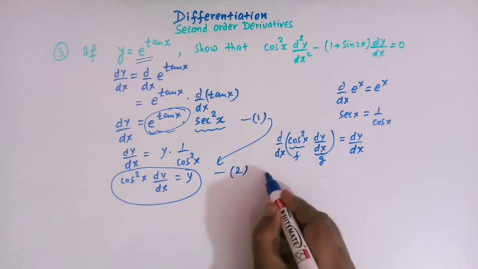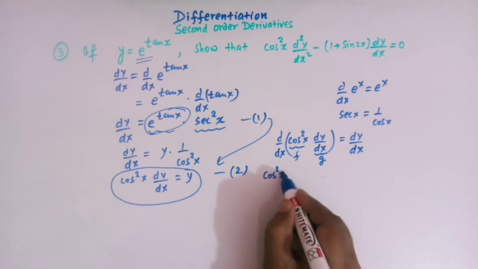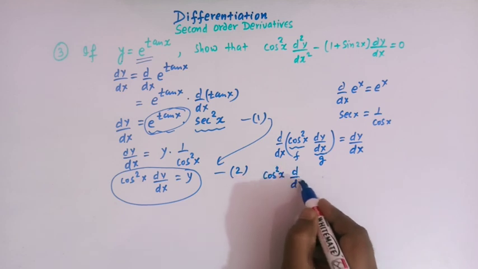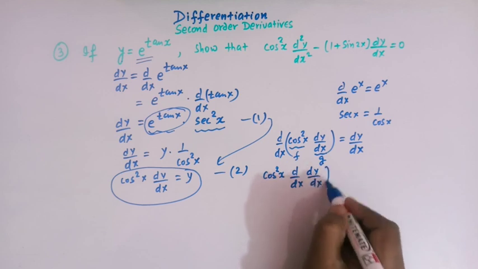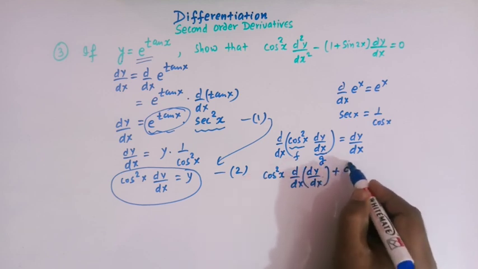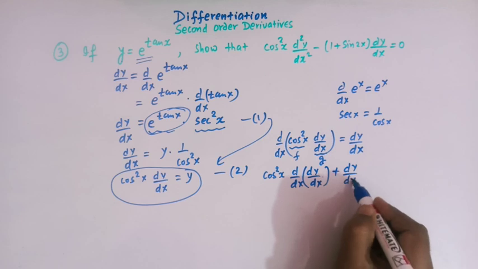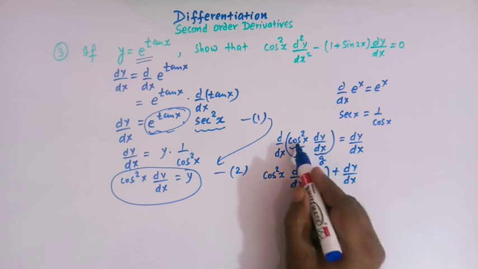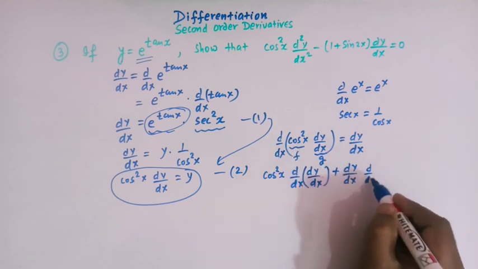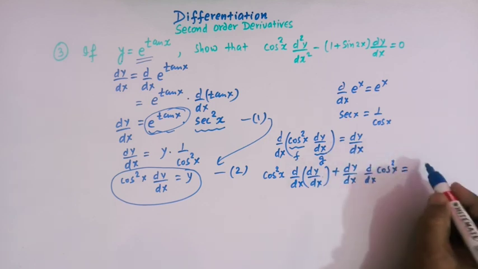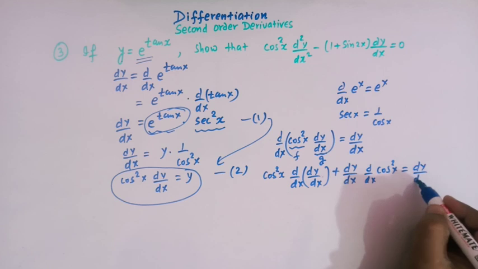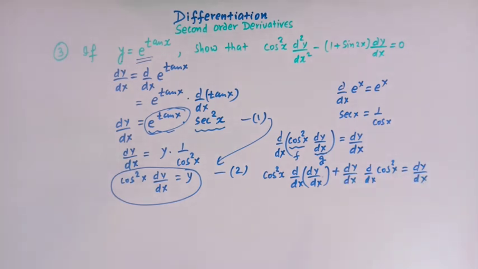So the first function is cos²x, then the derivative of g, which is d/dx of dy/dx, and then we have dy/dx, the second function, times the derivative of cos²x, right?